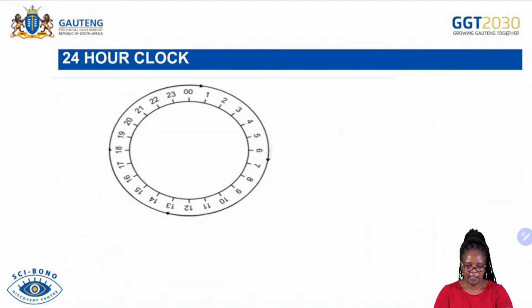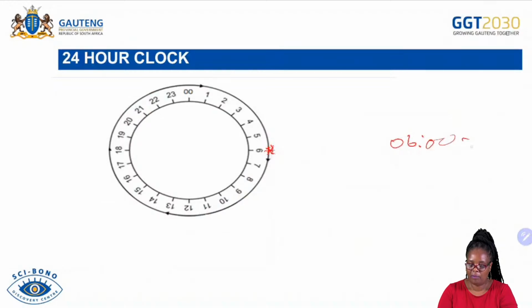We say that it is 0600 hours. We minus what? Minus 11 hours flying time. So remember, when we are minusing, we always go anti-clockwise. We don't go clockwise.